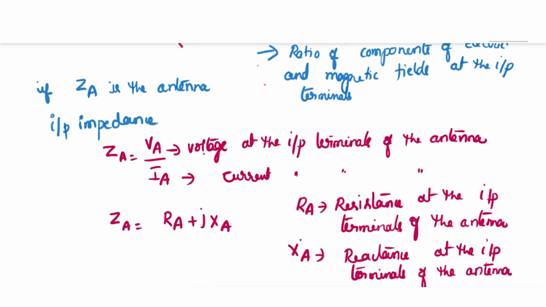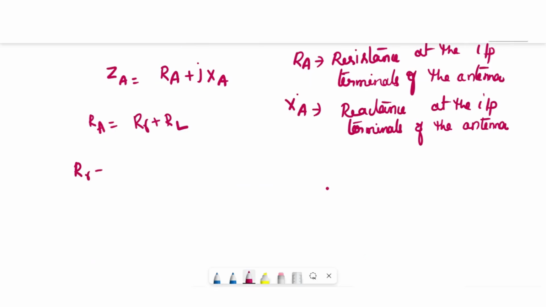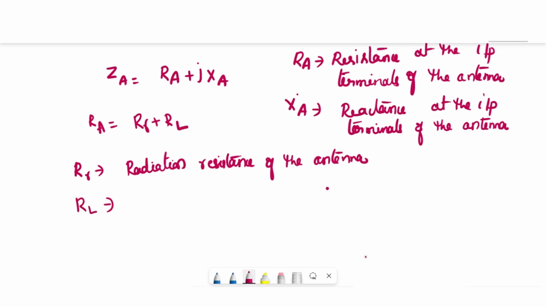Okay, thus RA can also be written as RR plus RL. What is RR here? RR is the radiation resistance of the antenna. What is RL? Loss resistance of the antenna.